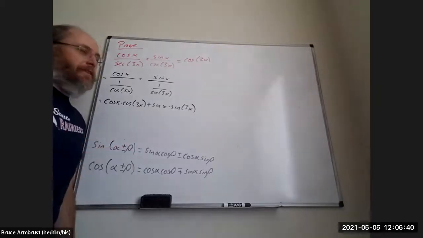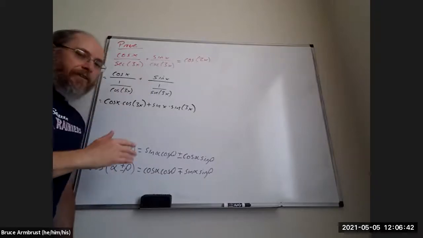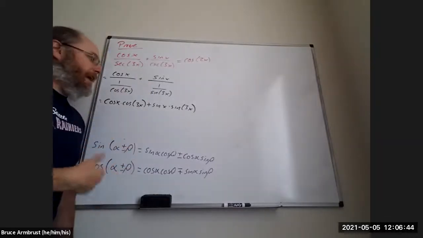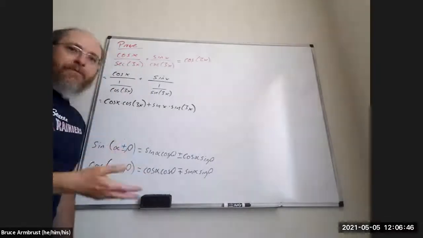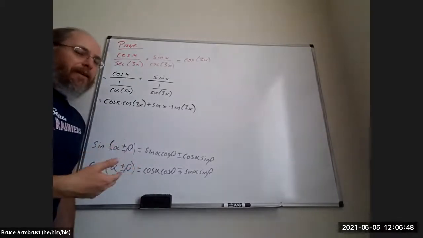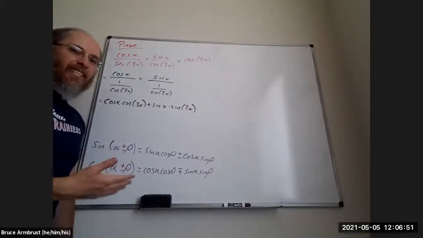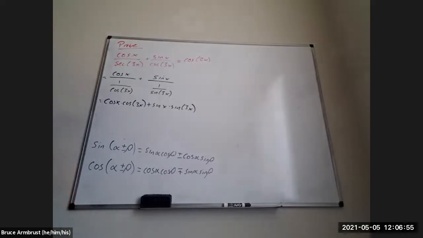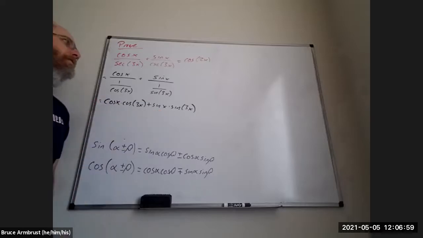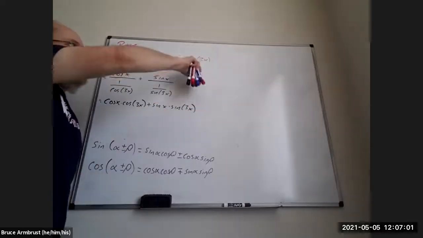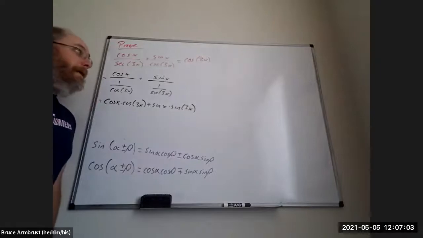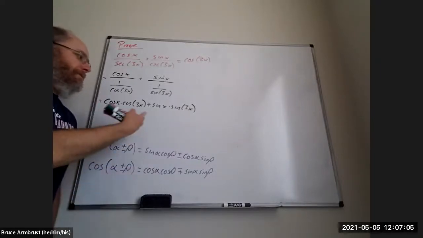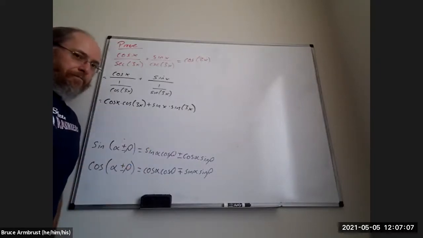Now, if your first instinct would have been to add those fractions together, you would eventually get to where we are now. It's just going to take more steps. Okay, so here's where we are, which I wouldn't say really looks like cosine of 2x, but at least it's only sines and cosines now.